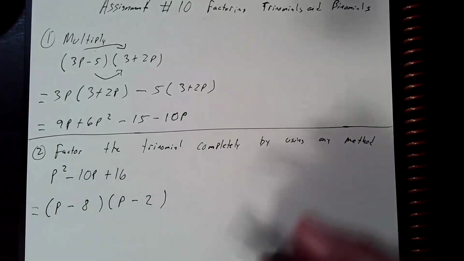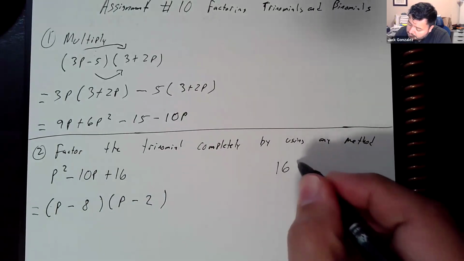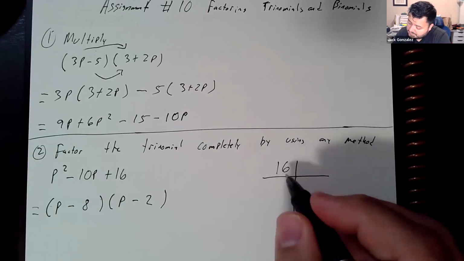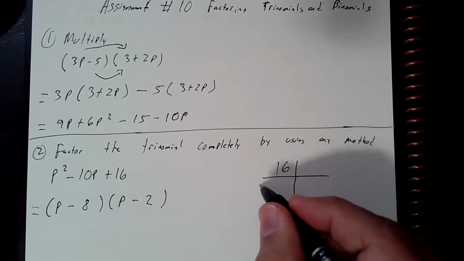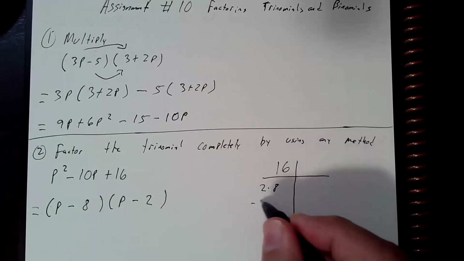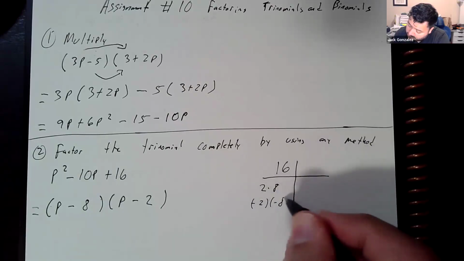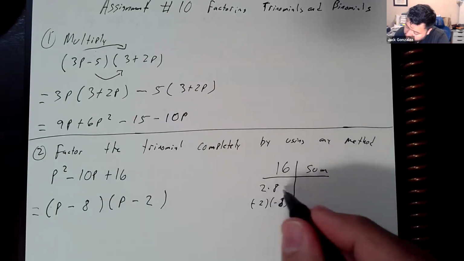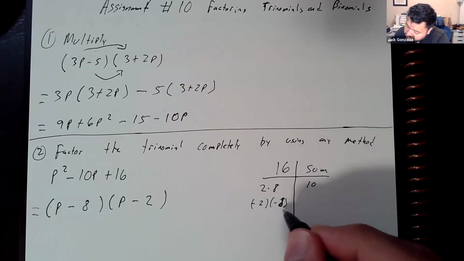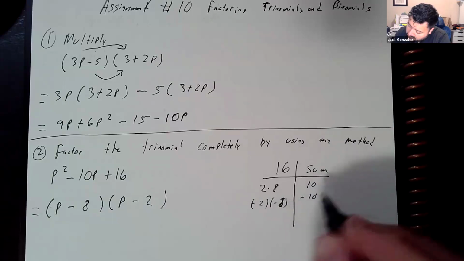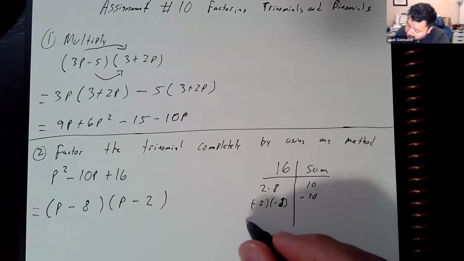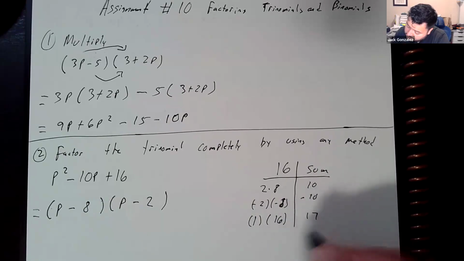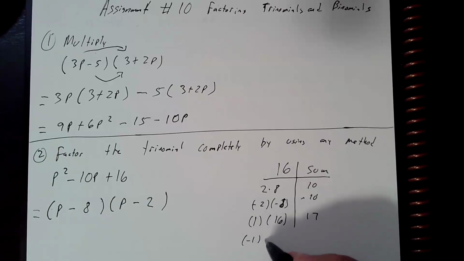What I do usually is just make a little table over here and say what times what is 16: 2 times 8, or -2, -8. And then sum them on the side. So 2 plus 8 is 10, -2 plus -8 is -10. And you can keep going all the way down. 1 and 16 is 17. See what I mean?